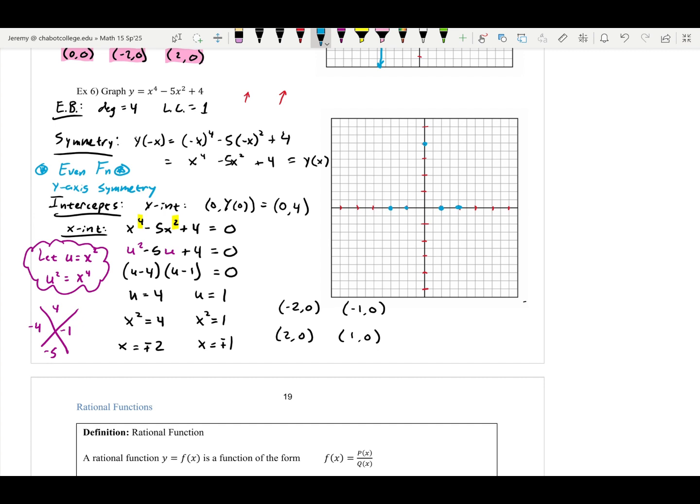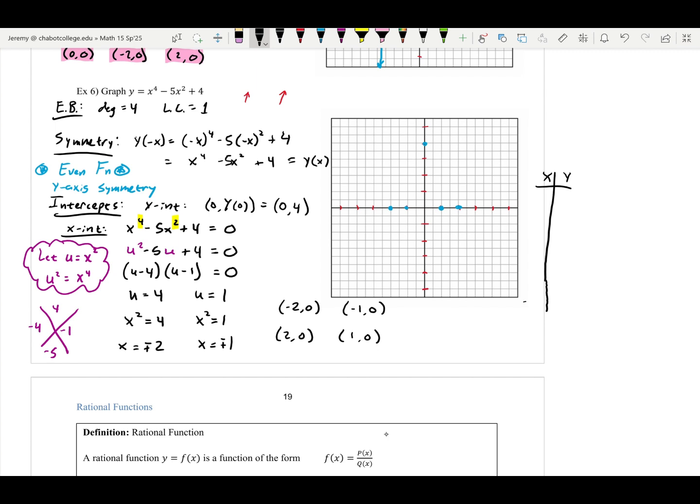Okay. And from here, I think it would be good to do a table of values. So again, you are welcome to use your calculator and the trace features to save yourself a little time. That's what I do. So a little table of values to finish it off. So what would be some good values to test? Well, I'm just testing values in the sort of region of the graph where I don't know what's going on.